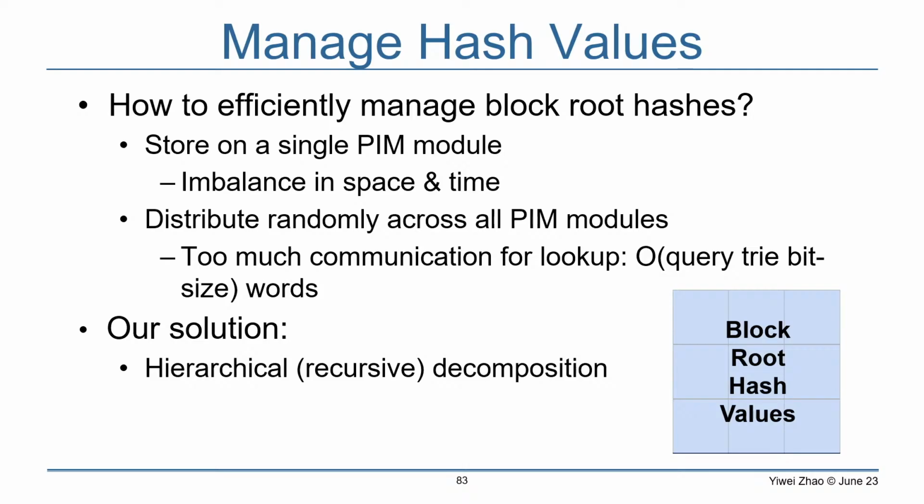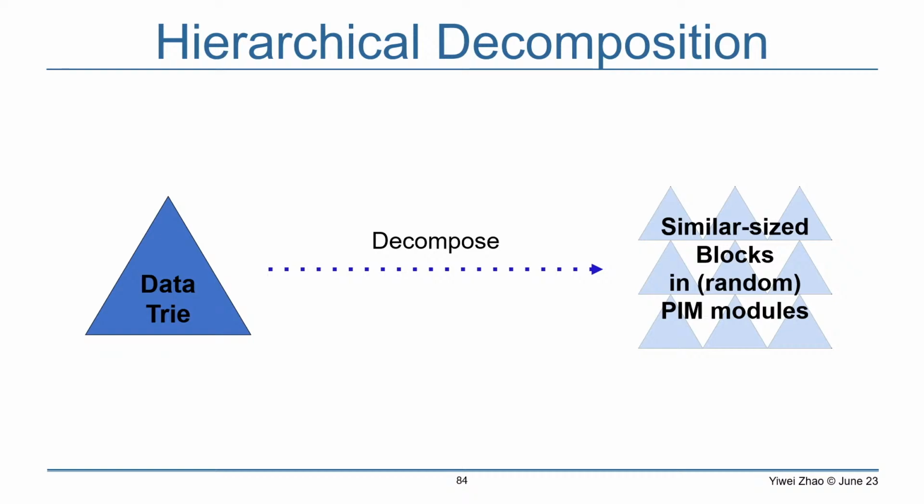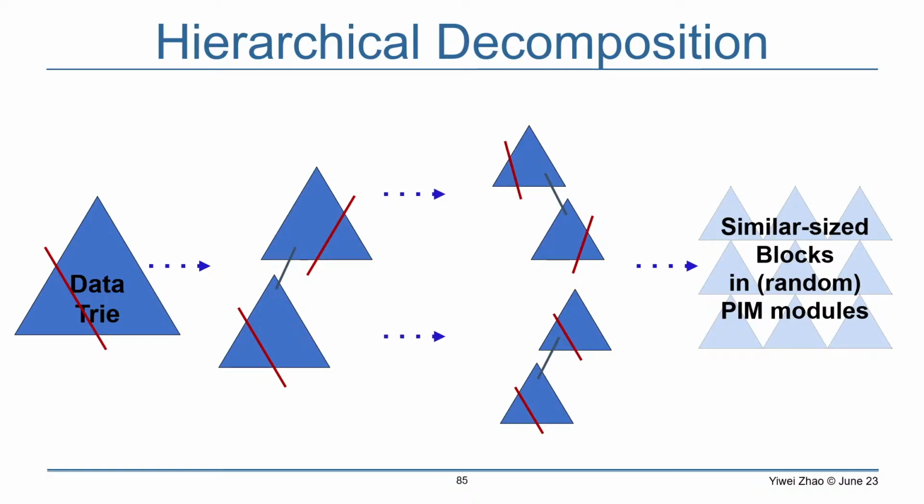So that's the next problem. How can we manage the hash values? There can be many hash values. You cannot store them on a single PIM module. That's a load balance problem. And distribution is not going to help either, because you really need to do matching for these hash values. Our solution is a hierarchical structure. We try to make this balanced so we can do pre-caching and replication. The idea is kind of basic for trees: you do a hierarchical decomposition and cut it recursively into smaller parts.